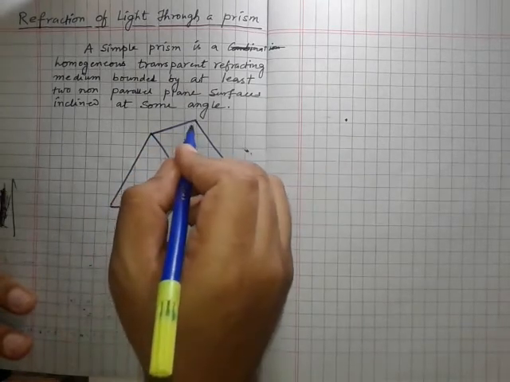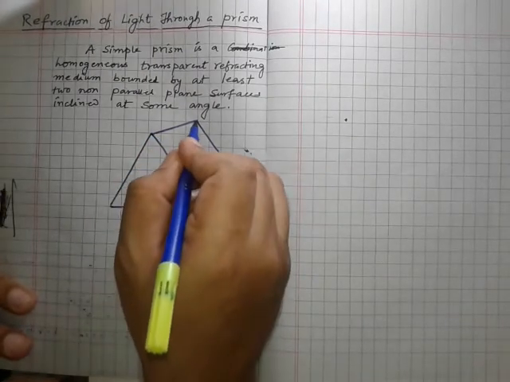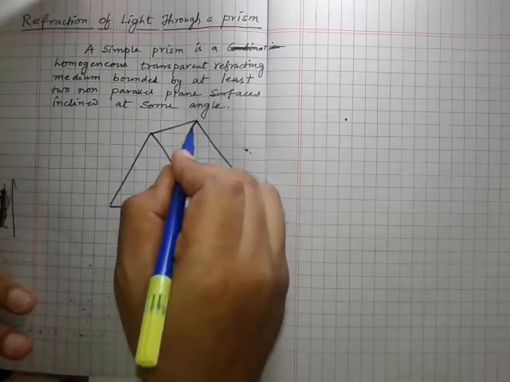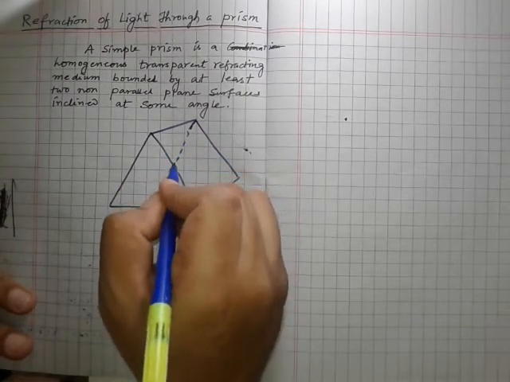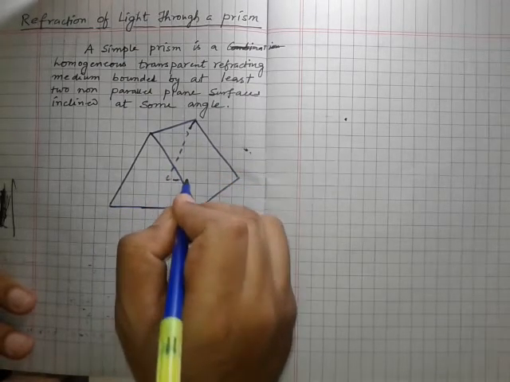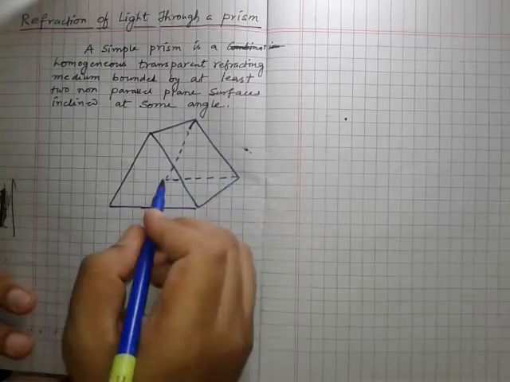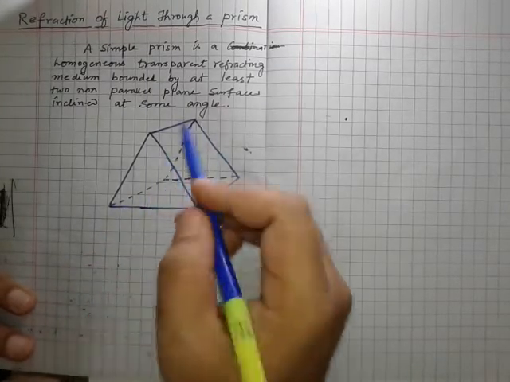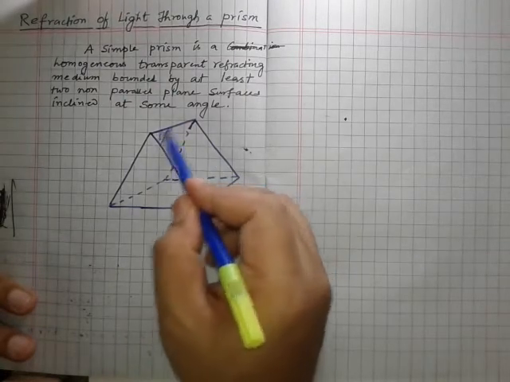So draw the dotted line so that you can easily understand what is the inside surface. Exactly parallel to it. So you can understand this one. This is one surface. This is one surface.